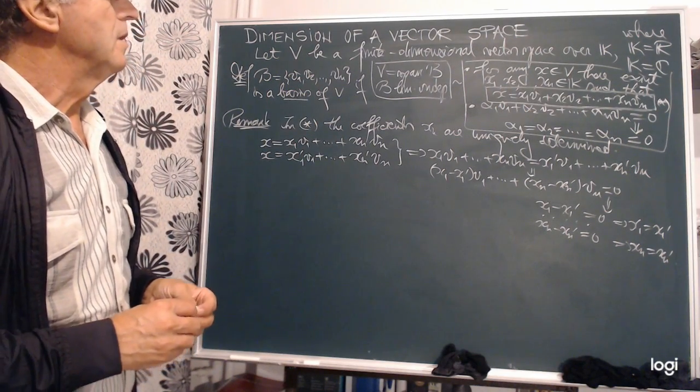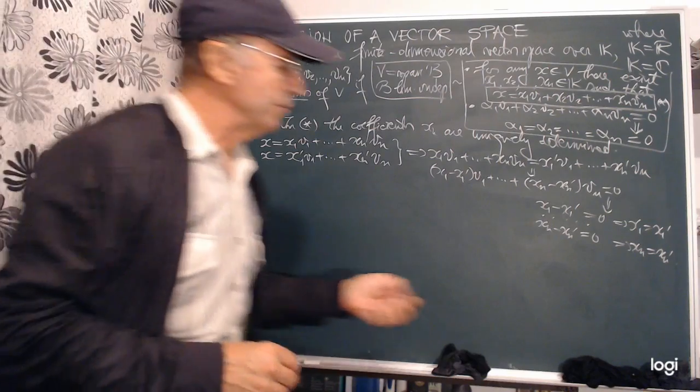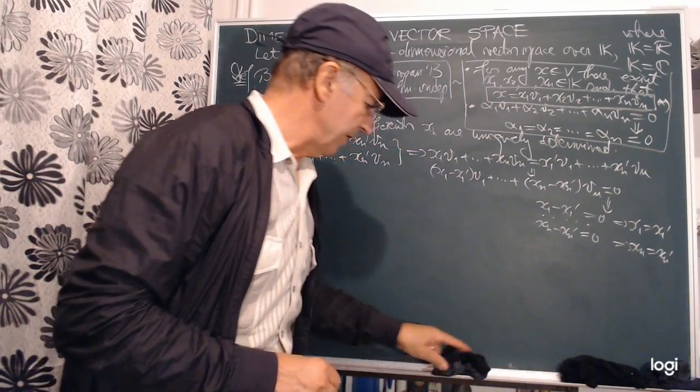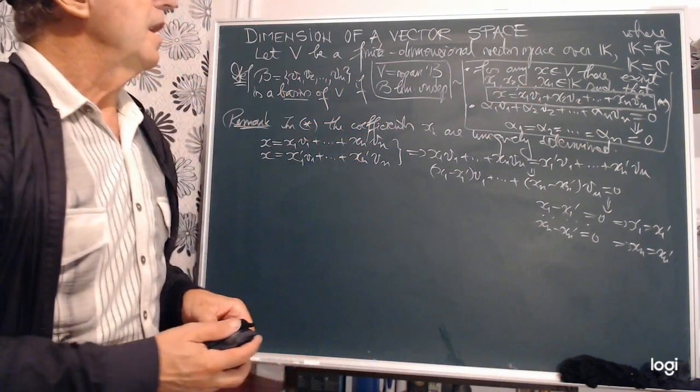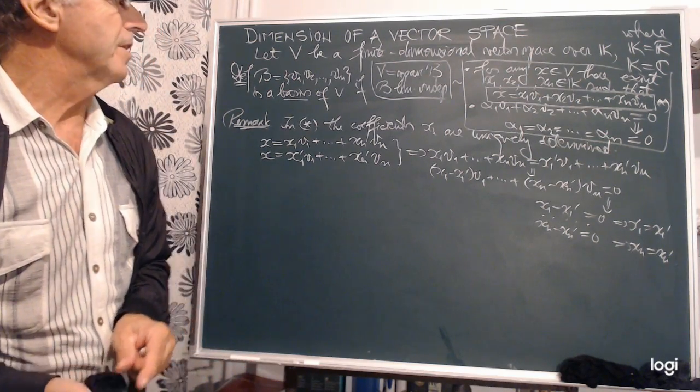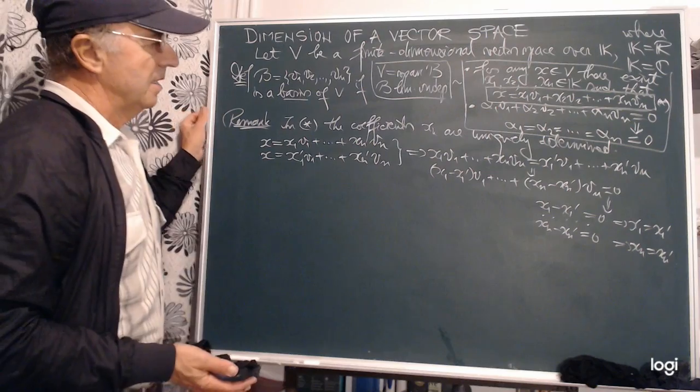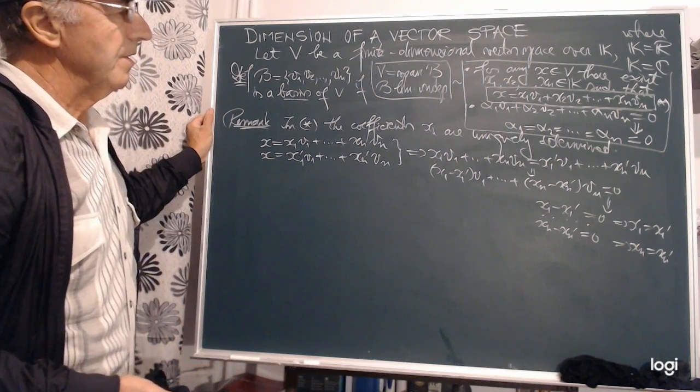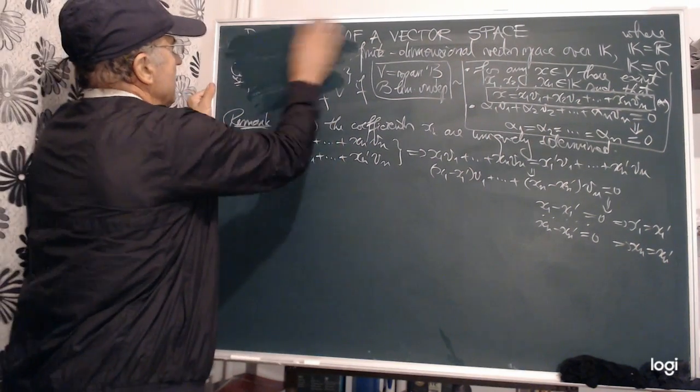Now, in order to prove that for a vector space, any two bases have the same number of vectors, firstly, we prove the following result. Theorem.